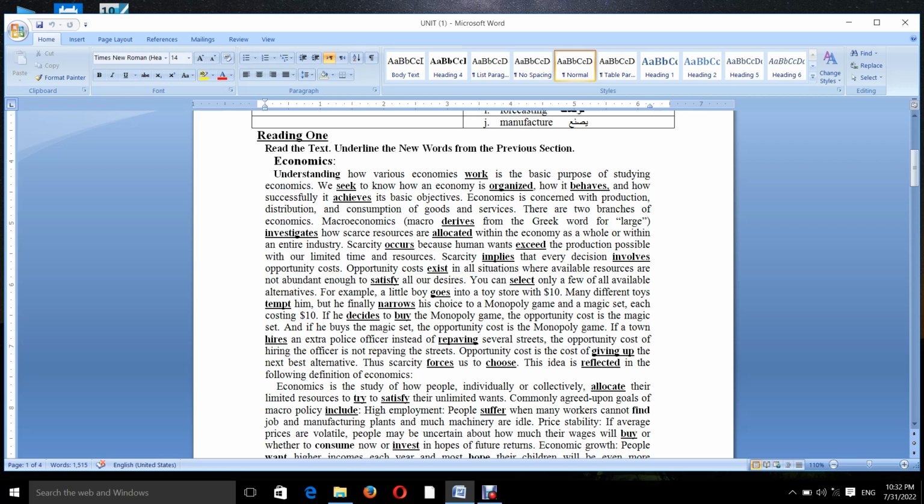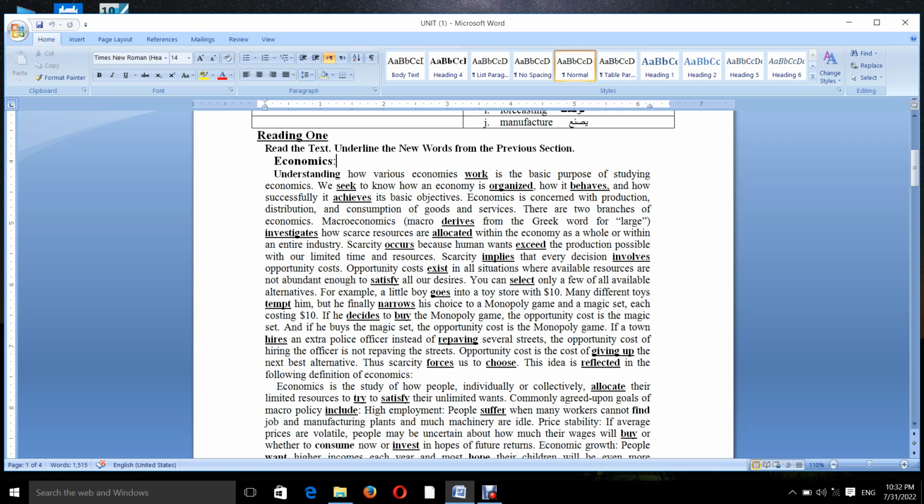Commonly agreed upon goals of macro policy include high employment. People suffer when many workers cannot find jobs, and manufacturing plants and large machinery are idle. Price stability.